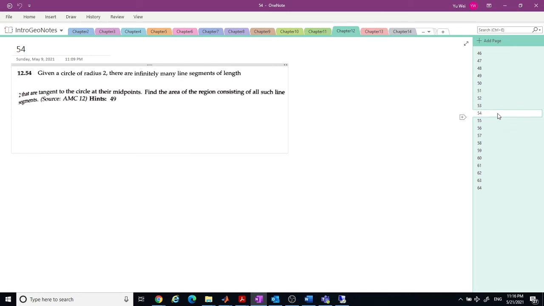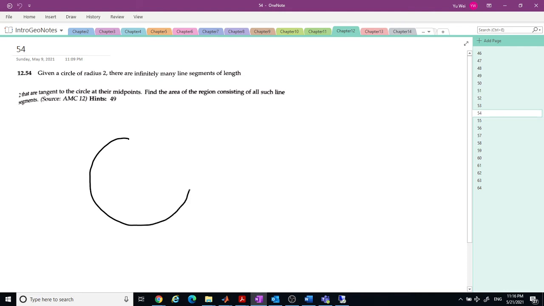Okay, next. Given a circle of radius 2, there are infinitely many line segments. Okay, so I have a circle of radius 2.